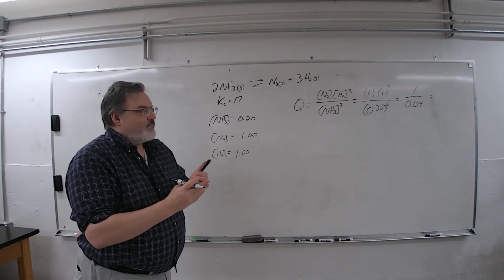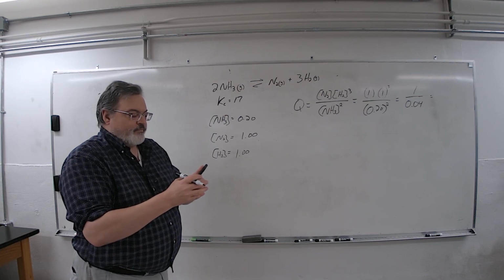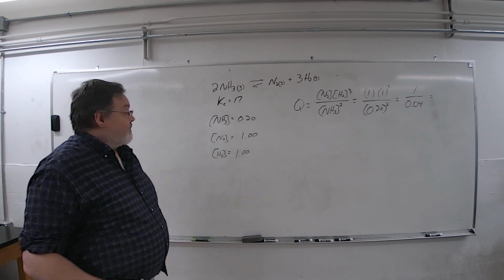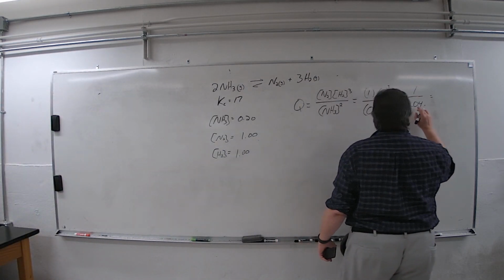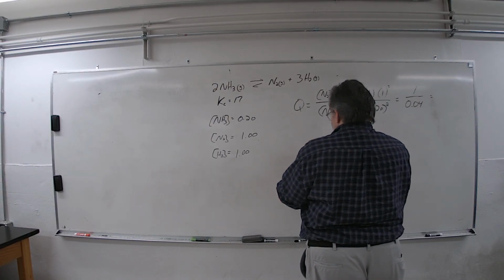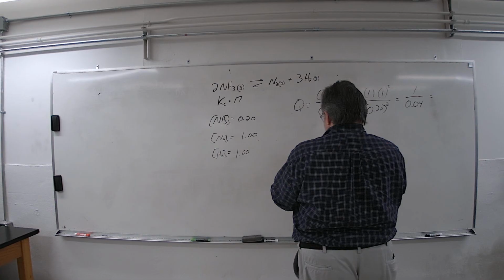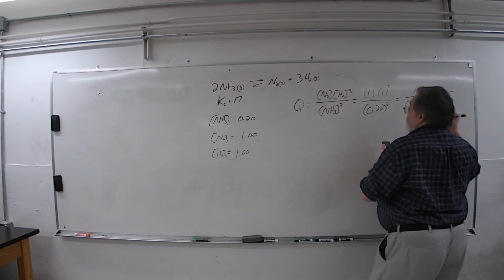It's 0.04. Make sure my brain's working. 0.04. So I'll go ahead and do the math. 1 divided by 0.04, 25.